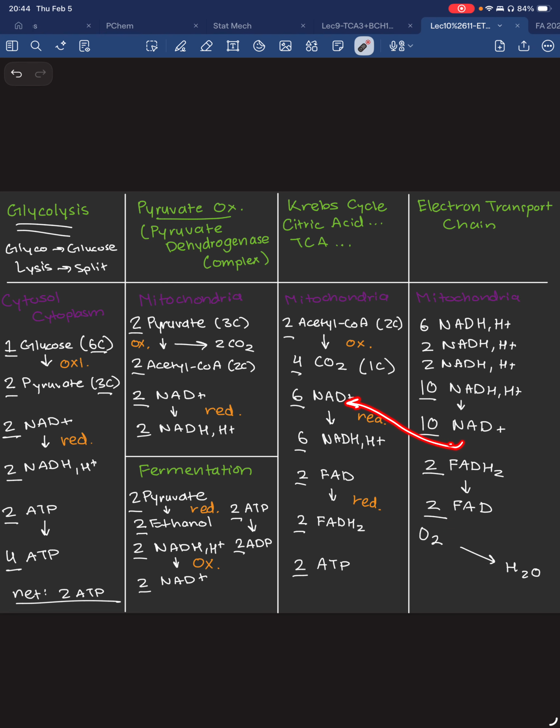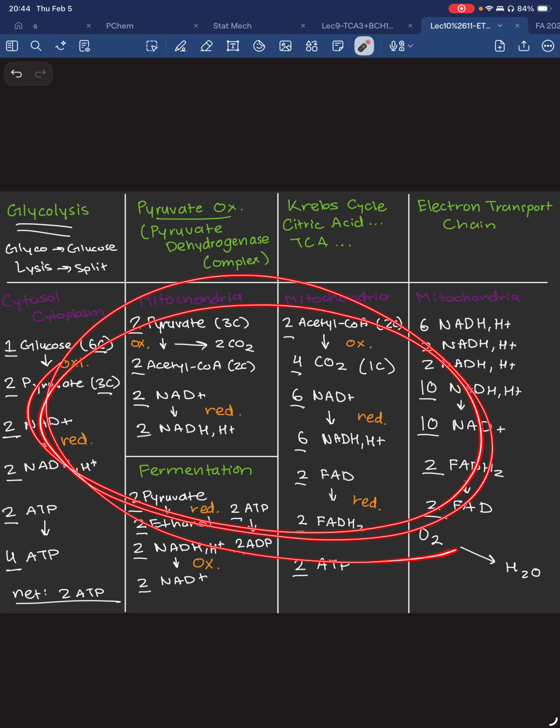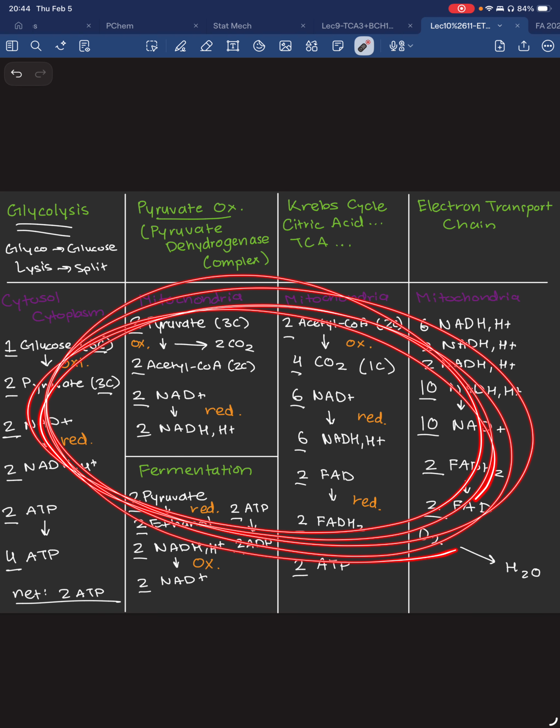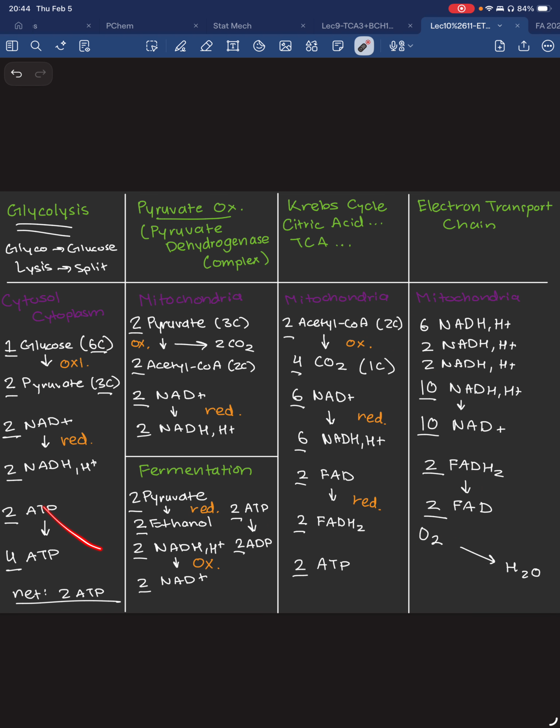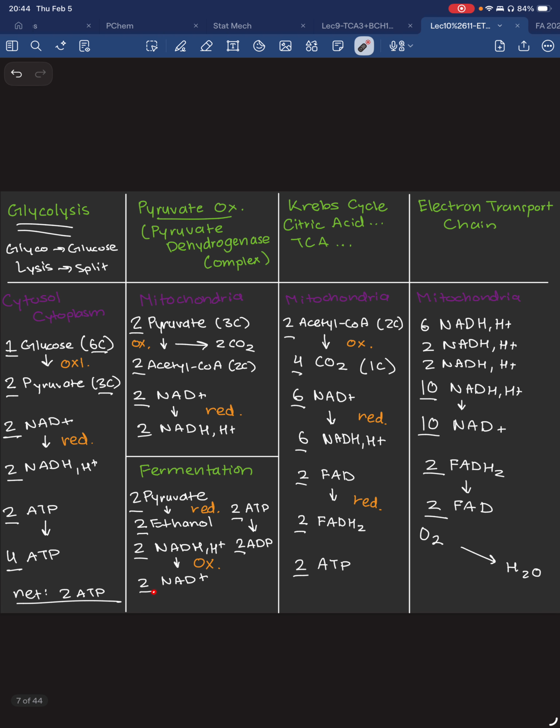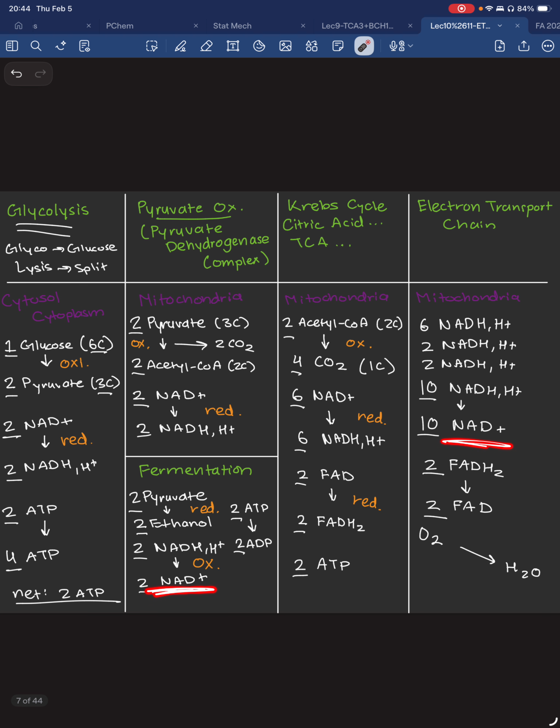Right here, and right here, and right here, and right here. It's a cycle. It's a very big cycle, but it's a cycle. Bacteria has a much smaller cycle, but it's still a cycle, right? They still produce NAD+. You just took a lot longer to do it.